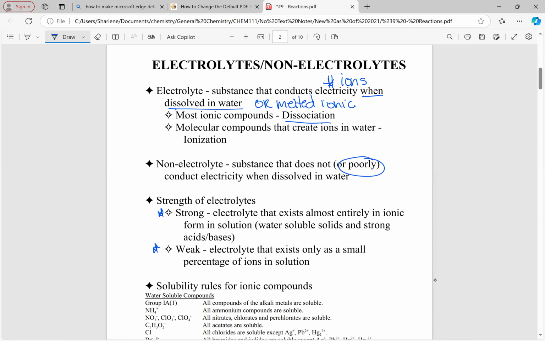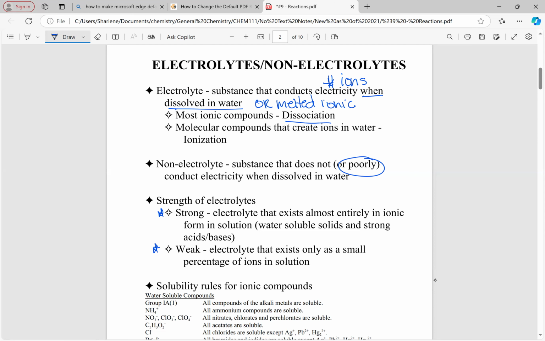A strong electrolyte, it exists almost entirely in its ionic form. So when it dissolves, it's pretty much 100% as ions. Weak is anything less than 100%. Okay, so we're going to stick with that definition. Strong pretty much is 100% dissolved, and weak is anything less than 100%. Now, that doesn't mean that it can't conduct electricity fairly well.